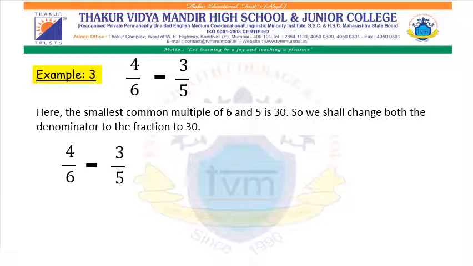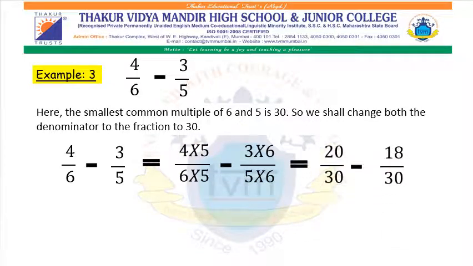So, changing the denominator of 4 upon 6 to 30, we have to multiply by 5 with both numerator and denominator. So you will get 20 upon 30. Now, the next is 3 upon 5. For 5 to make it 30, you have to multiply it by 6.